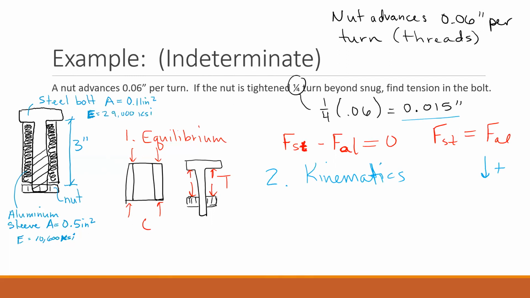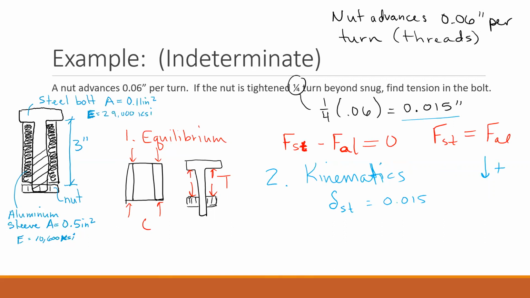And in terms of getting this equation, personally, I think the easiest way to do it is to look at your two extremes and see how that would look. For example, if the sleeve were staying rigid and it was just this bolt elongating, then the elongation of the steel bolt had to be equal to that full 0.015 inches, right?